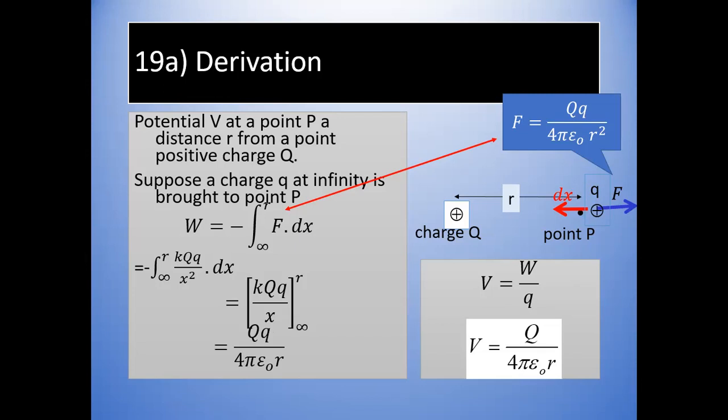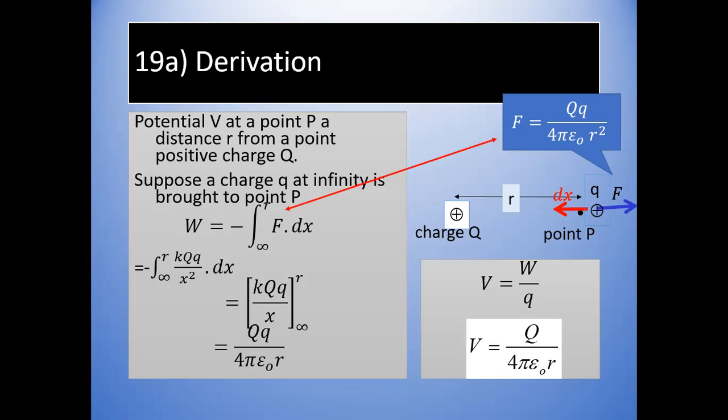Any problem? Why is dx going to the left? We are moving the charge from infinity downwards to P. That's why it's to the left.